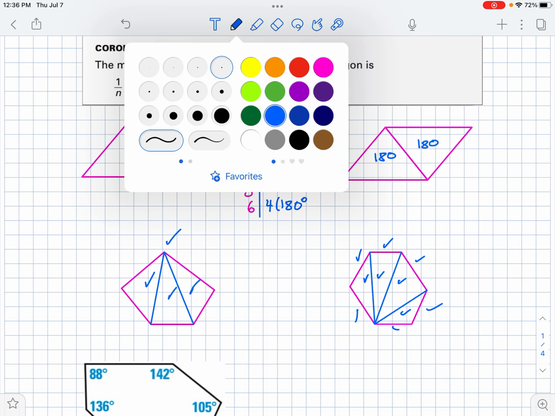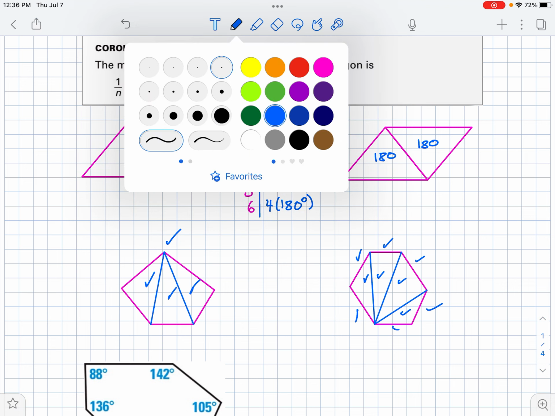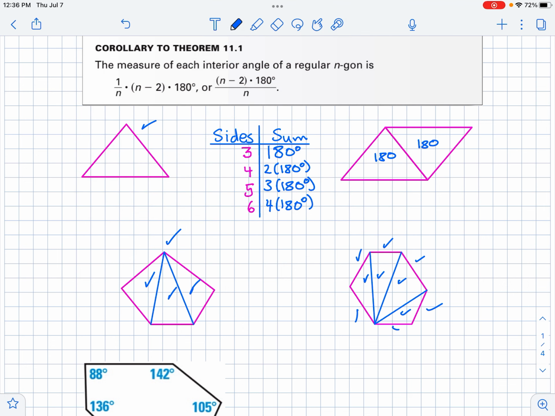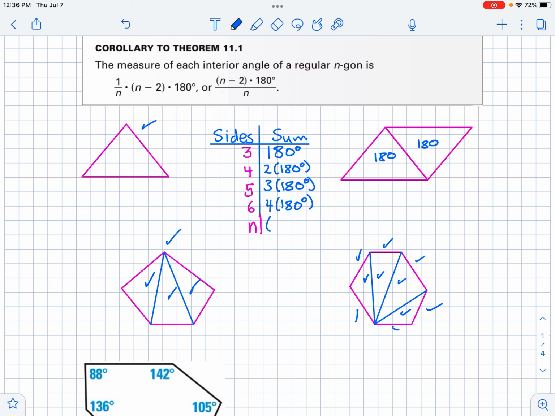It looks like what's happening here is the number of sides is diminished by 2 and multiplied by 180. So, for example, let's suppose we have an n-gon. Well, keeping up with the pattern here, this would be n minus 2 times 180. And that would be the total sum of angles in the polygon.